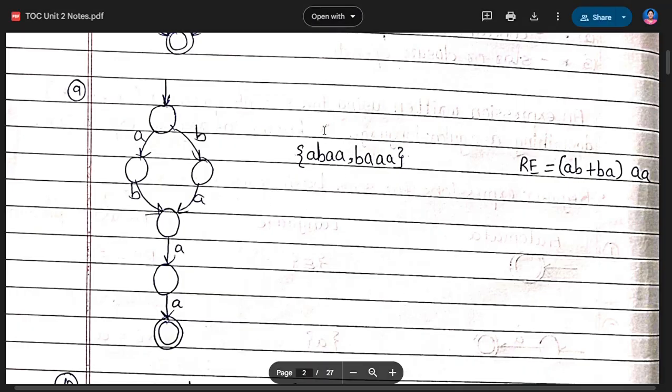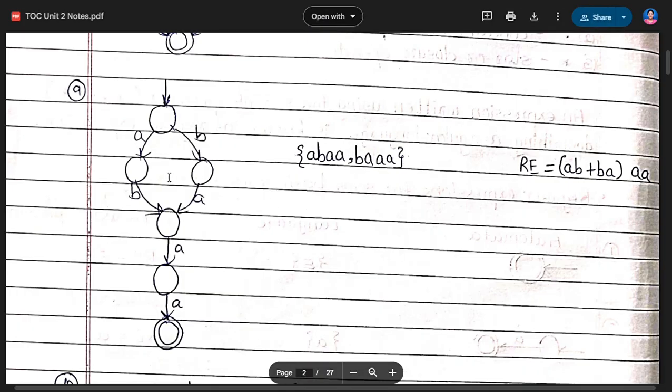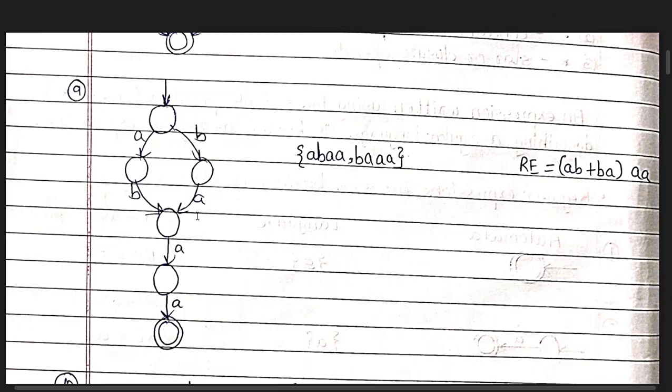Okay, in the language form, how will we write the regular expression? It's AB, here is the concatenation, and here is the union. AB plus BA.